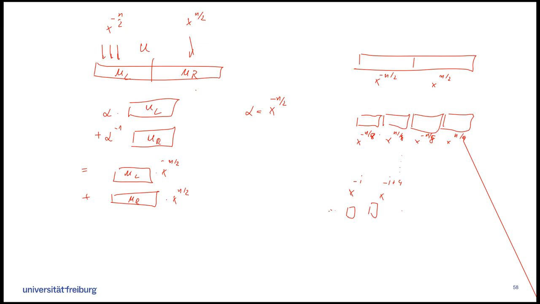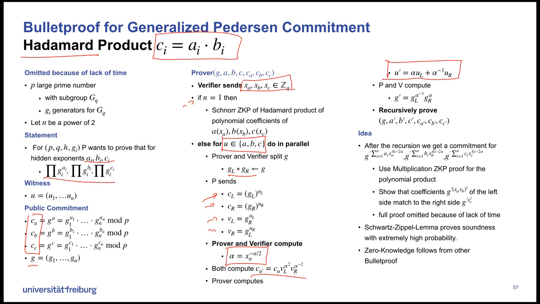So each of these values gets its own exponent because I folded this way. And so we can ensure that at the end we get a polynomial here of its exponents just automatically if we apply it in this way.